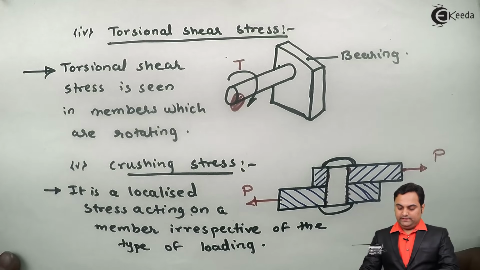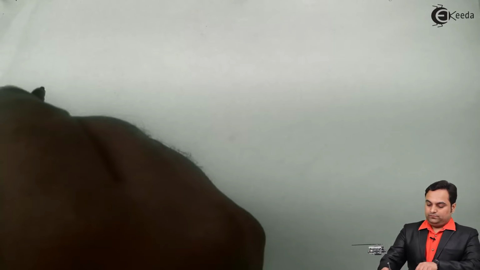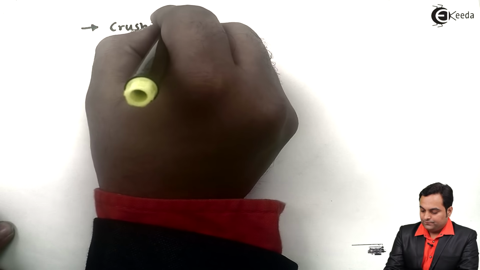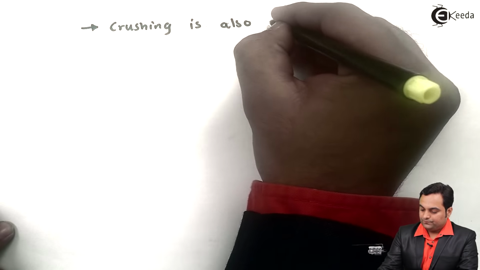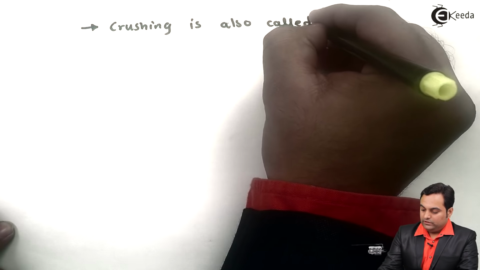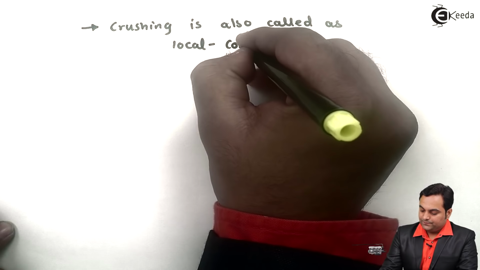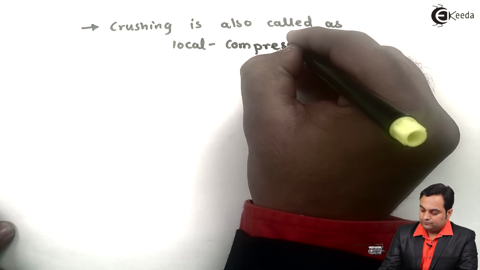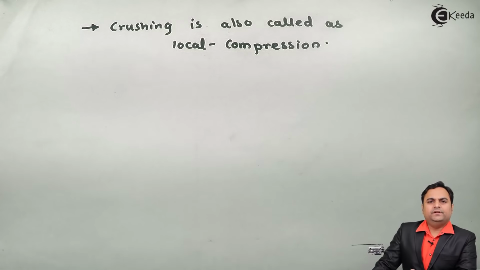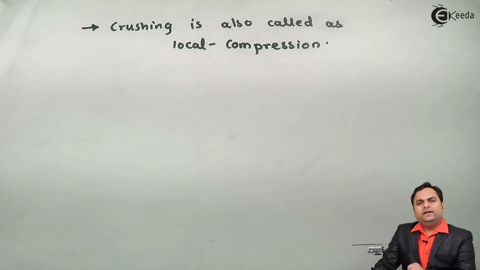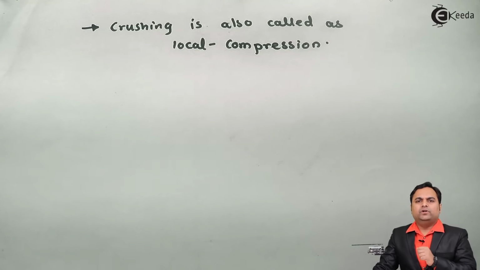So here I can say that crushing is also called local compression. And because of crushing, what can happen is the material cannot break, but it will be crushed into fine powders.